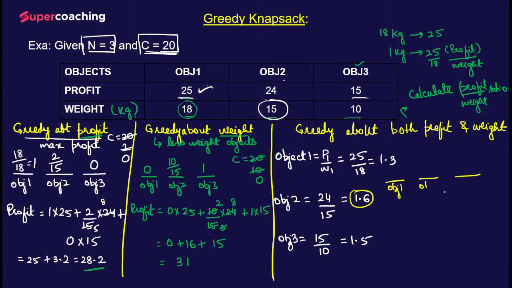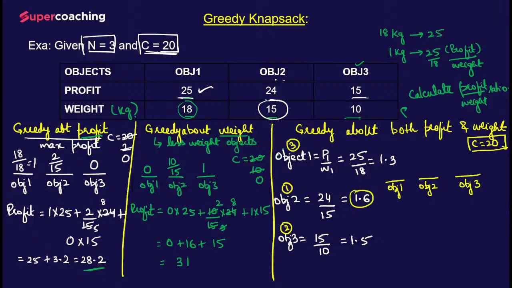Hope it's visible now. The main idea is the same. Initial capacity is 20. So which object will we prefer first? Object 2. After that we'll prefer object 3 and then object 1.